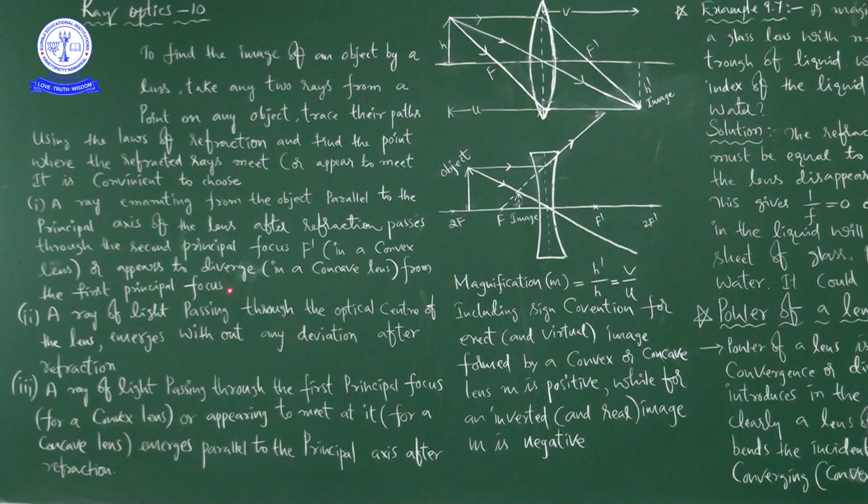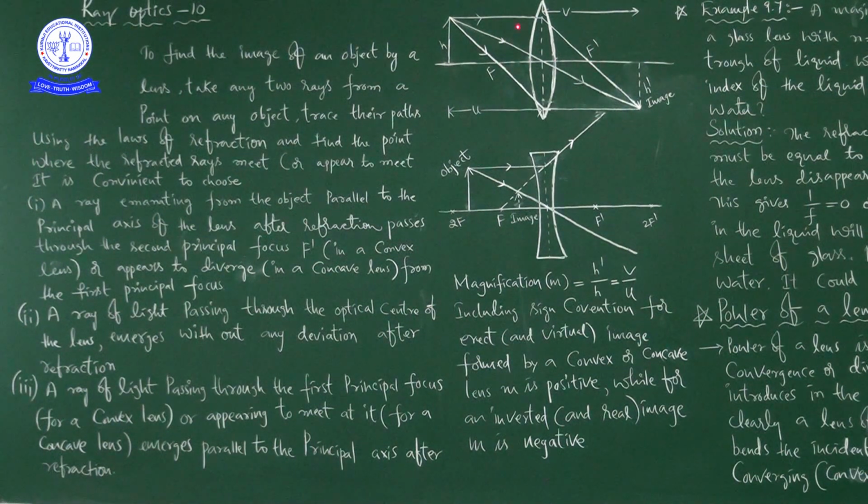So a ray emanating from the object parallel to the principal axis of the lens, after refraction will pass through the second principal focus.